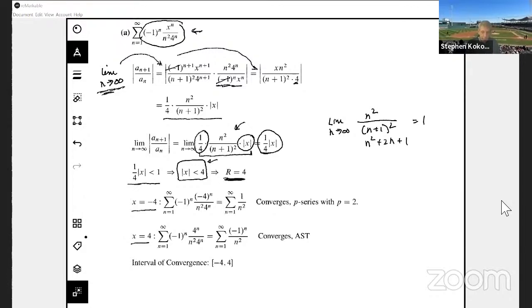And if I haven't made any mistakes here, with the minus signs, we're actually going to have a -1 to the n times another -1 to the n. So that's going to be -1 to the 2n. So that's always going to be positive 1. The 4 to the n's will cancel, and I'm just left with 1 divided by n squared.